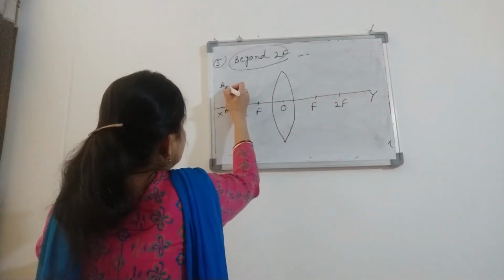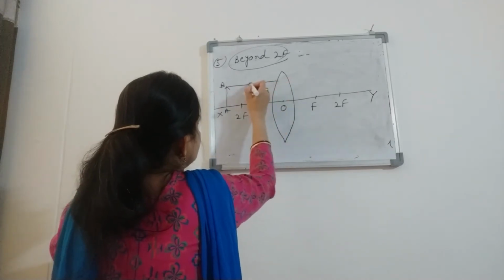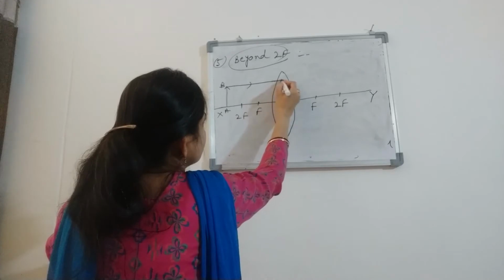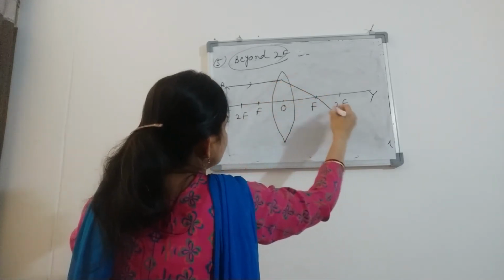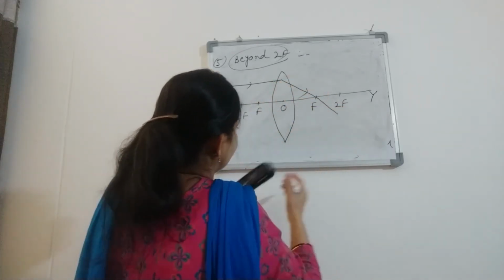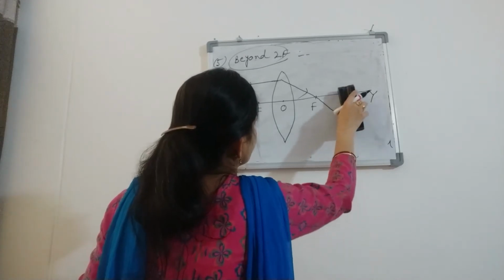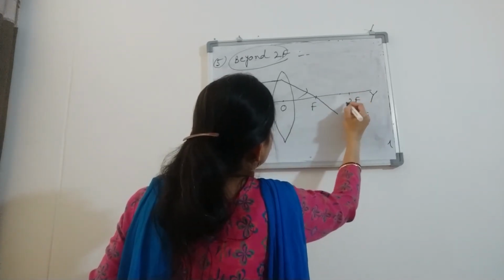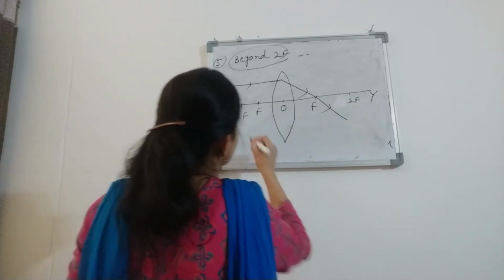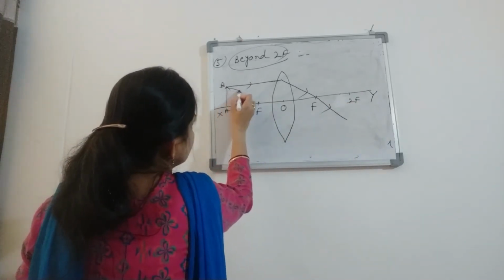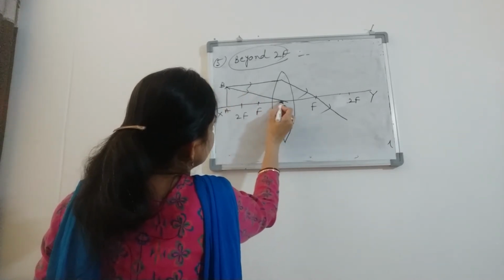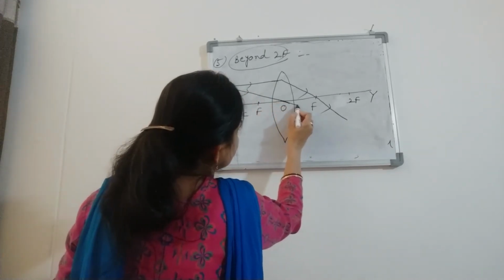So applying first rule means draw the incident ray which is parallel to principal axis, then it will refract through the point focus. Draw another incident ray which is passing through the point optical center, and that will be undeviated.